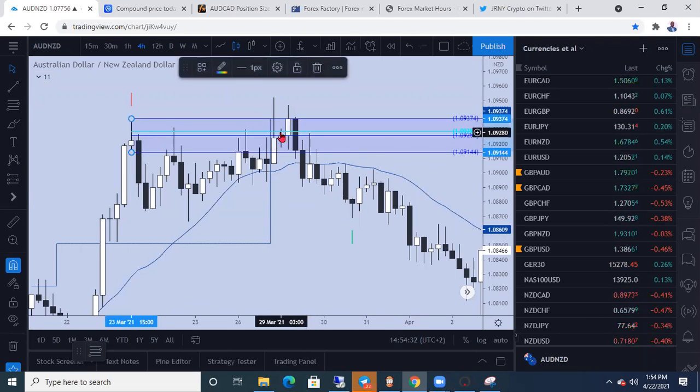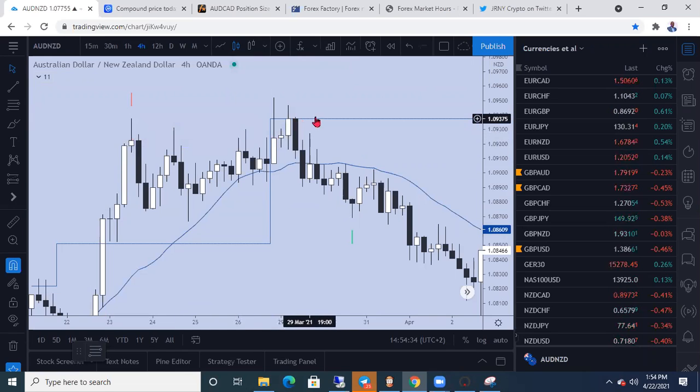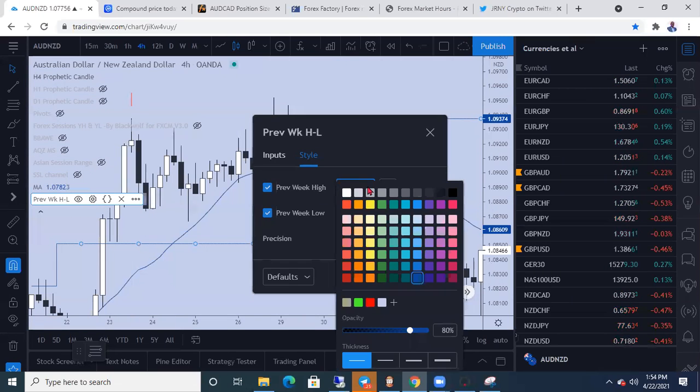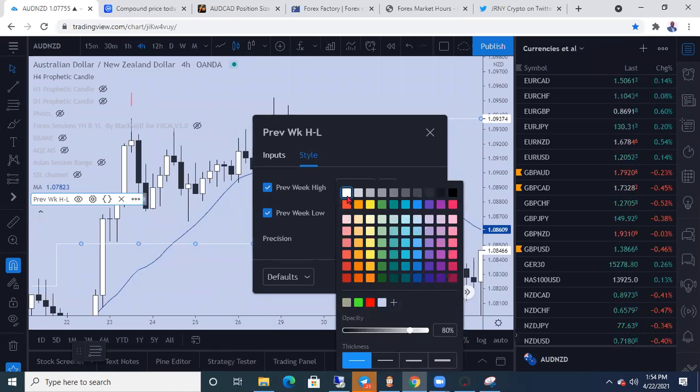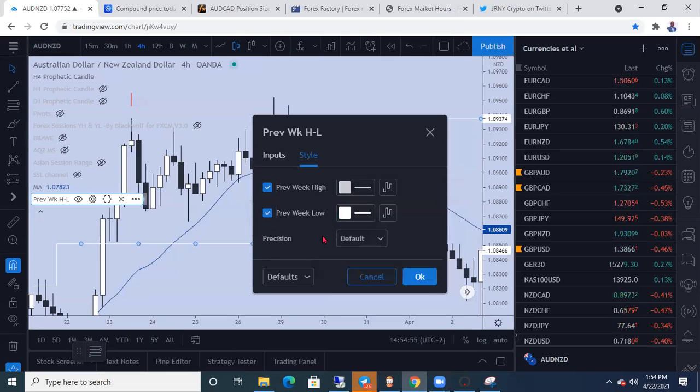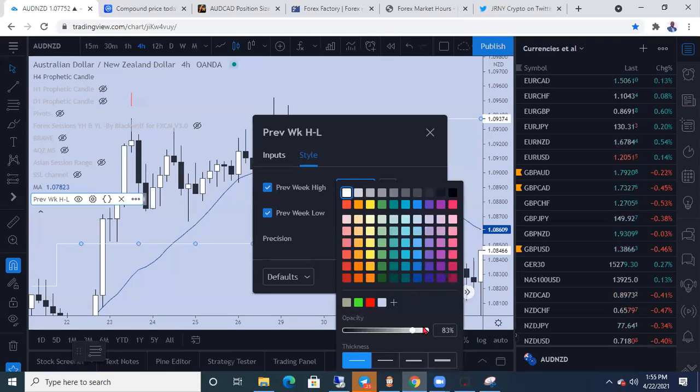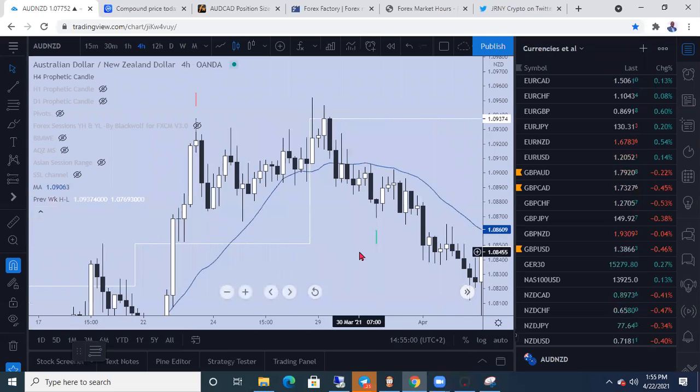So price traded again. Let me take out the AQZ fib so you can see what I'm saying. This line here, maybe I should just, for the purpose of this class, make this white, so you can easily spot it out. Okay, right.